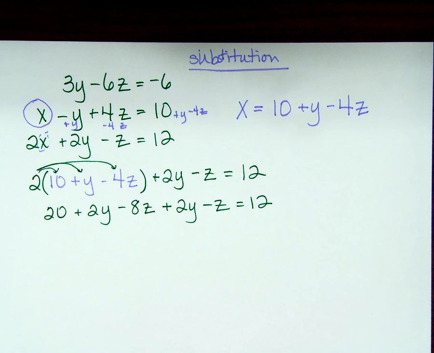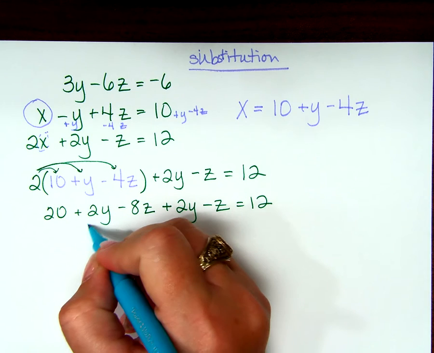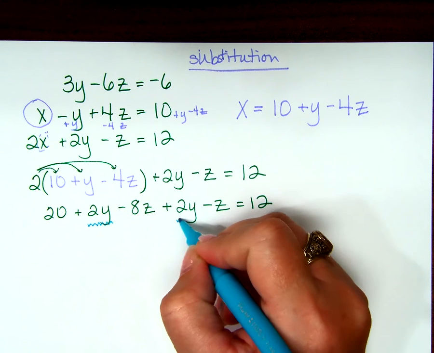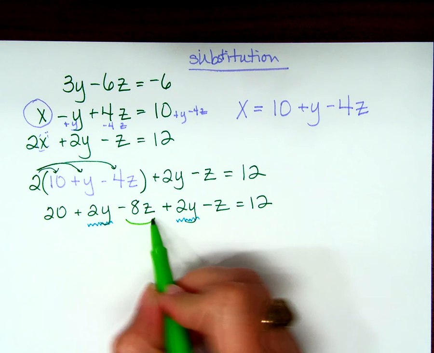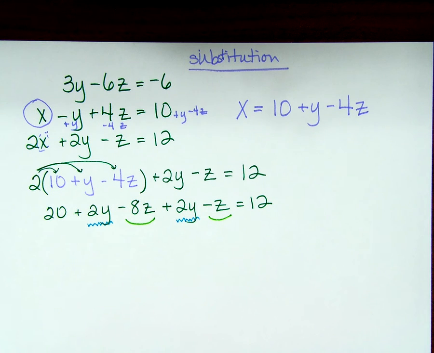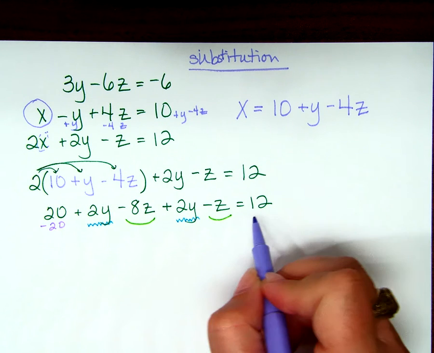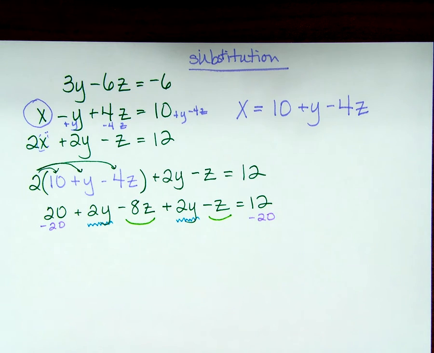Okay so far? Well, notice here and here, those are both y's, aren't they? And notice here and here, those are both z's, aren't they? So I should combine like terms, shouldn't I? At the same time, could I subtract 20 from both sides? You okay with that? I mean, gosh, guys, that's 3 steps all at one time. Are you all right? Okay.